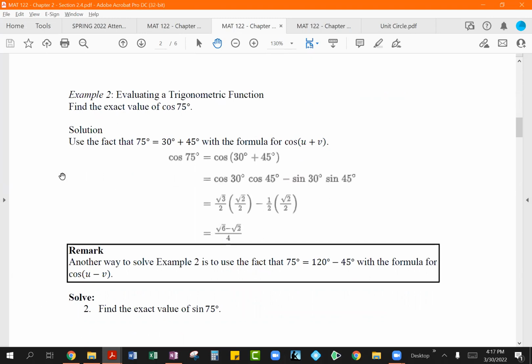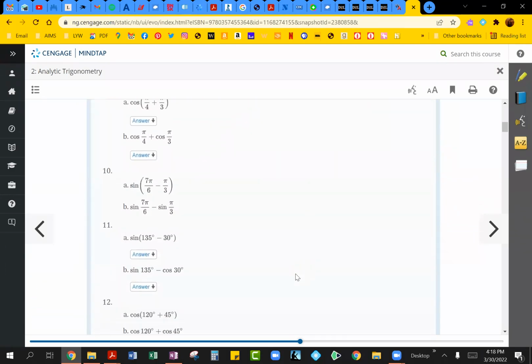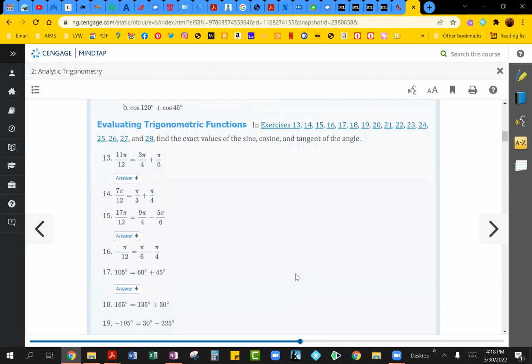So I thought we could work on one example here from our textbook. And let's take a look at number 23 maybe. And the instructions here actually talk about how we can use this to find the exact values for sine, cosine, and tangent.